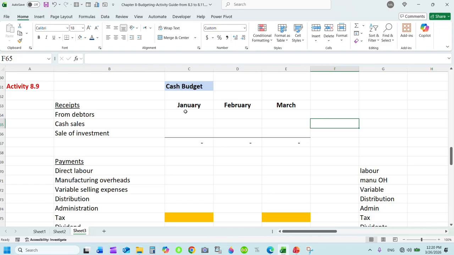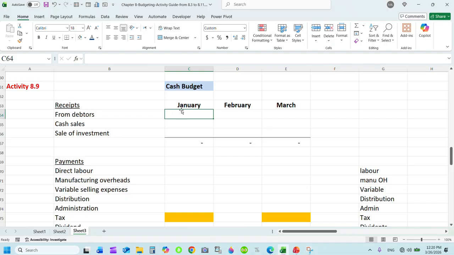Right. My cash budget means simply your cash account, right? Let's see what the cash flows are. In the cash budget, you simply show your cash flows. You don't need to classify them as operating, investment and financial activities.